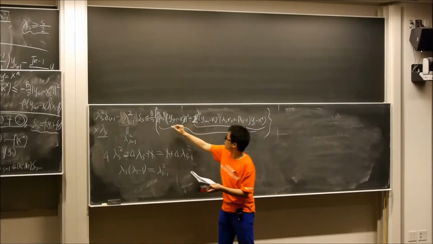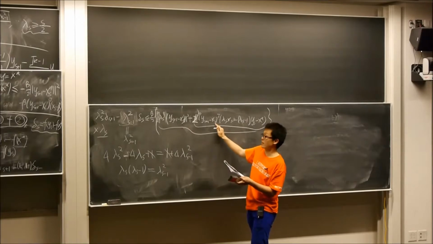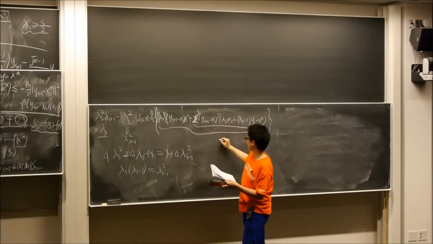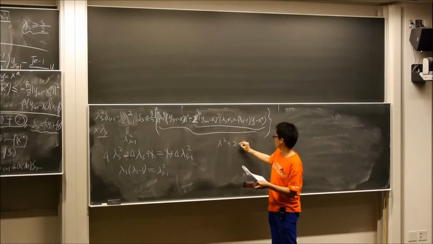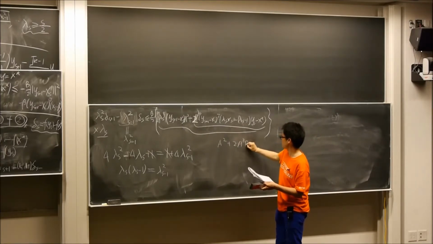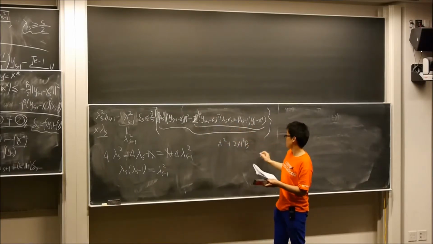Just note that this term is the same as this s plus 1 minus xs. So it's like we have a square, and we have 2 times a transpose b. B is the other half.